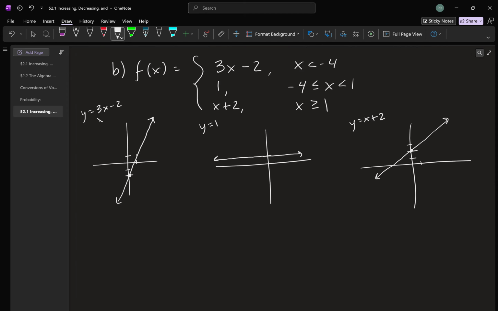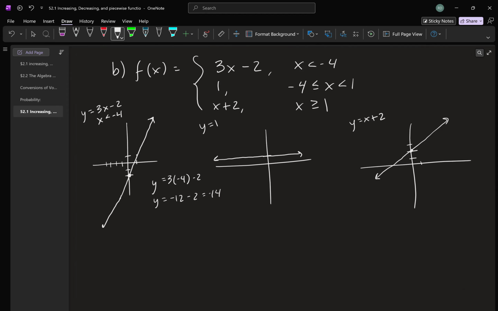Okay, our domain for the first one is x is less than, not less than or equal to, just less than -4. So let's plug in -4 to see where that point is. So you get y equals -12 minus 2 is -14. It's not quite on my graph, so I'm going to extend this a little bit.